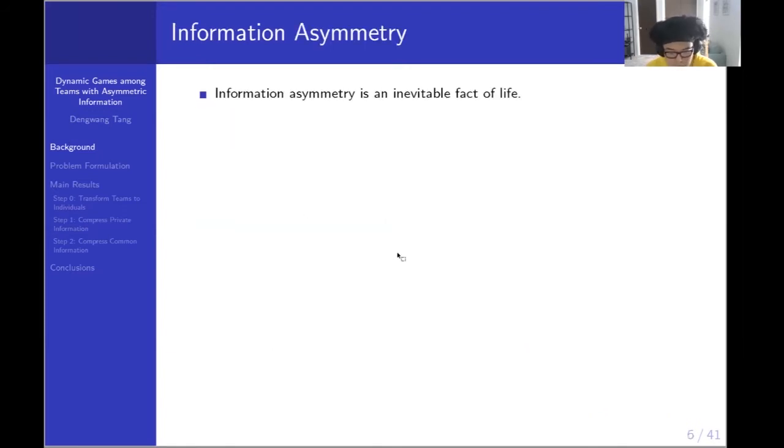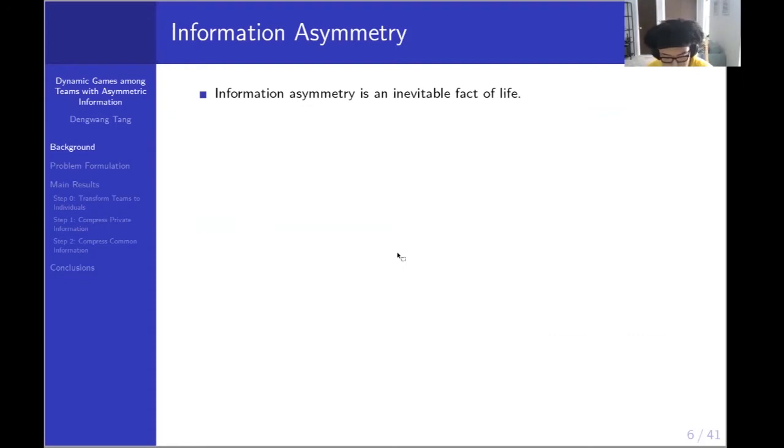So the other half of the title is information asymmetry. So let me talk about information asymmetry. In many real-world multi-agent dynamic systems, information asymmetry is an inevitable and important aspect.